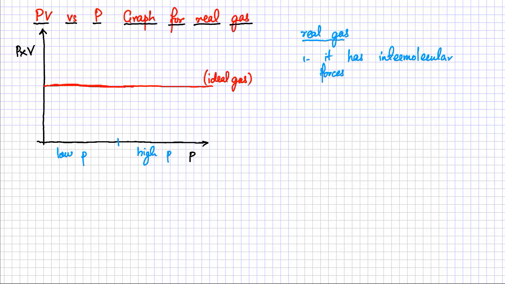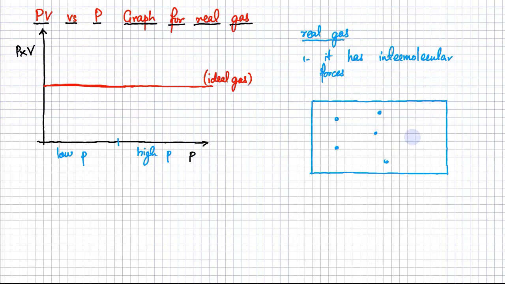Now let's take a container which has gas particles in it. So here's my container, and it has all these gas particles in it. Let's draw this gas particle. This one is a red gas particle. Now what is pressure?